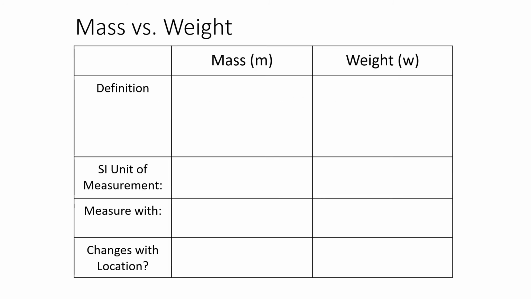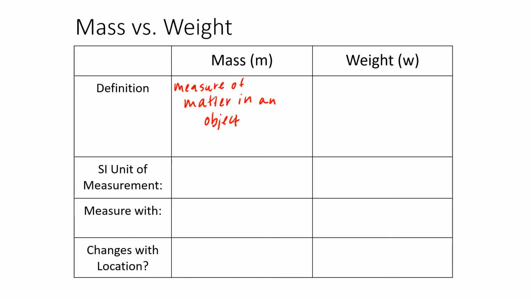So in everyday speech, we really use mass and weight interchangeably. But in terms of science, they do have two very specific definitions. So first, with mass, mass is going to be a measure of matter in an object.